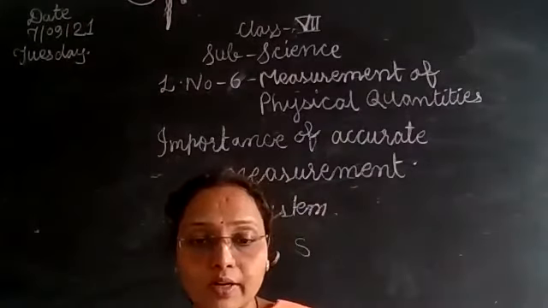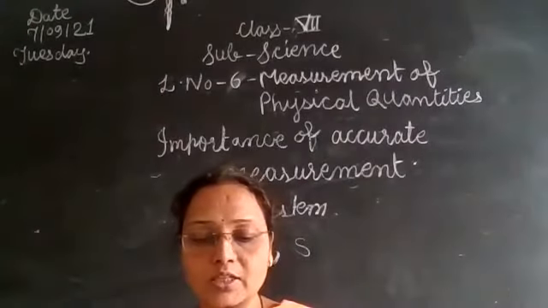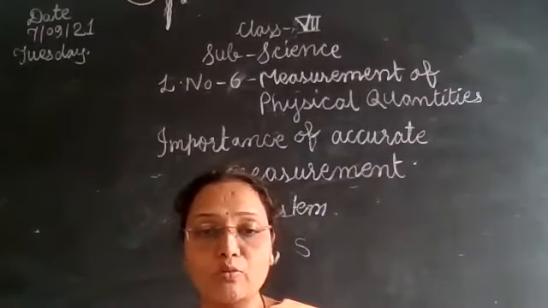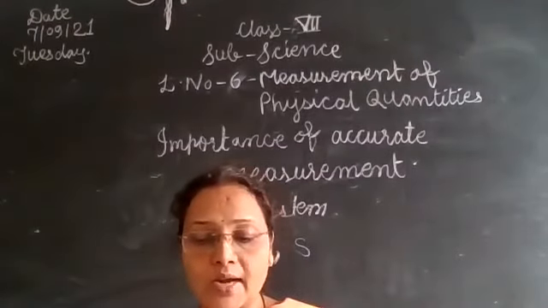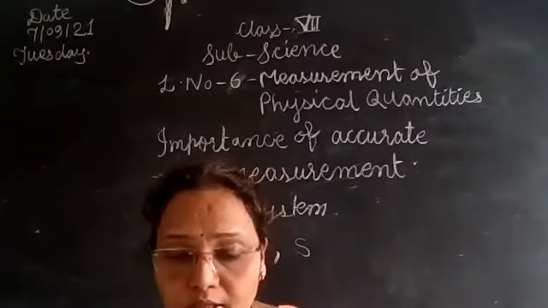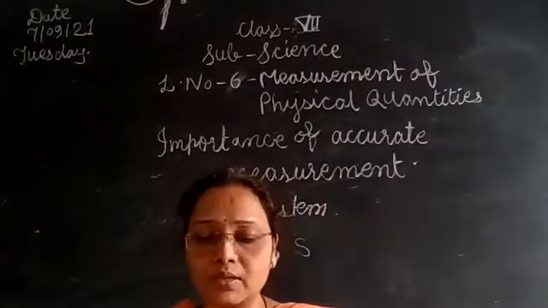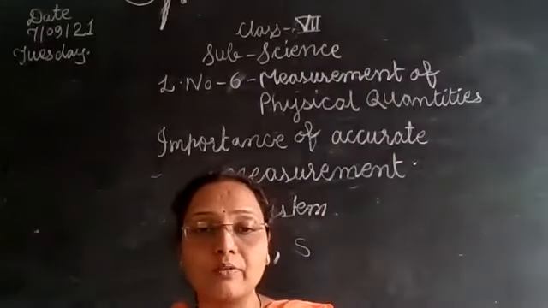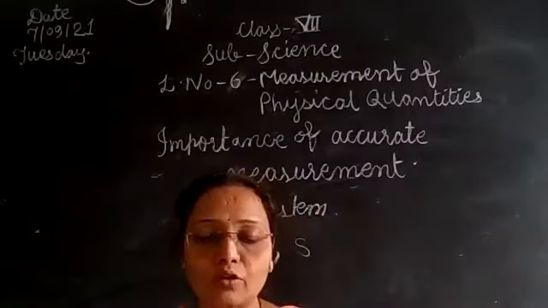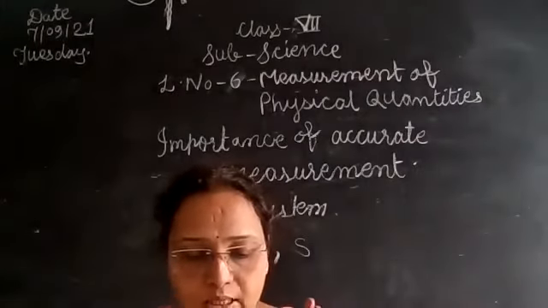Physical quantities are quantities such as mass, weight, distance, speed, temperature and volume, and quantities that can be measured are called physical quantities. Okay, that we learn in this lesson.